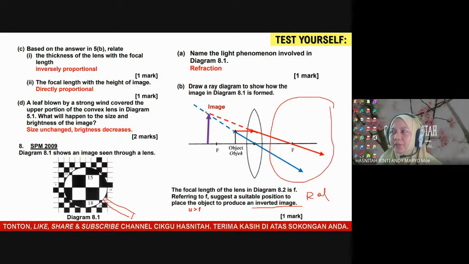To produce a real, inverted image, the object distance must be greater than F, so the object must be placed after the focal point. Then the image appears on the opposite side, inverted and real. You have to remember the characteristics for each position of a convex lens.